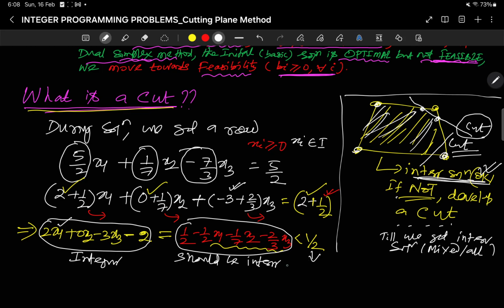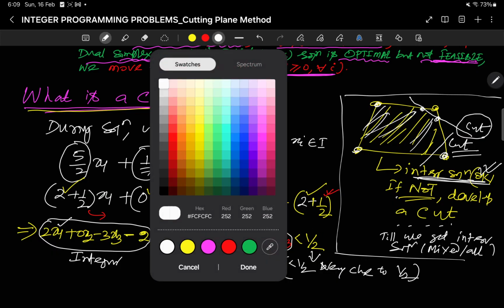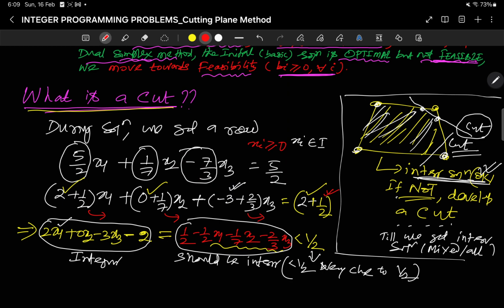It should be an integer close to, less than half, very close to half, or rather I can say the greatest integer of half. That means it is my 0. Close to half means the greatest integer of half is my 0. So I write this as 0.